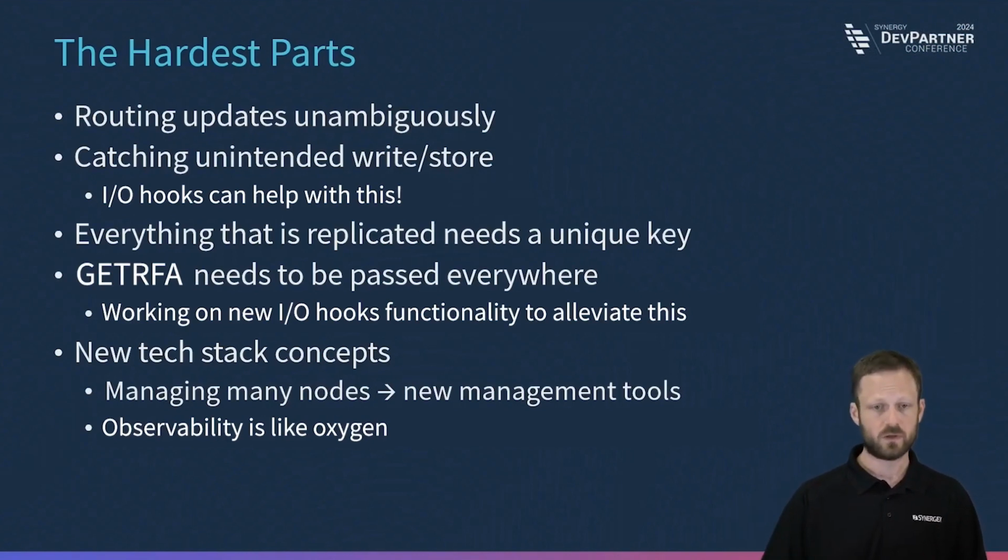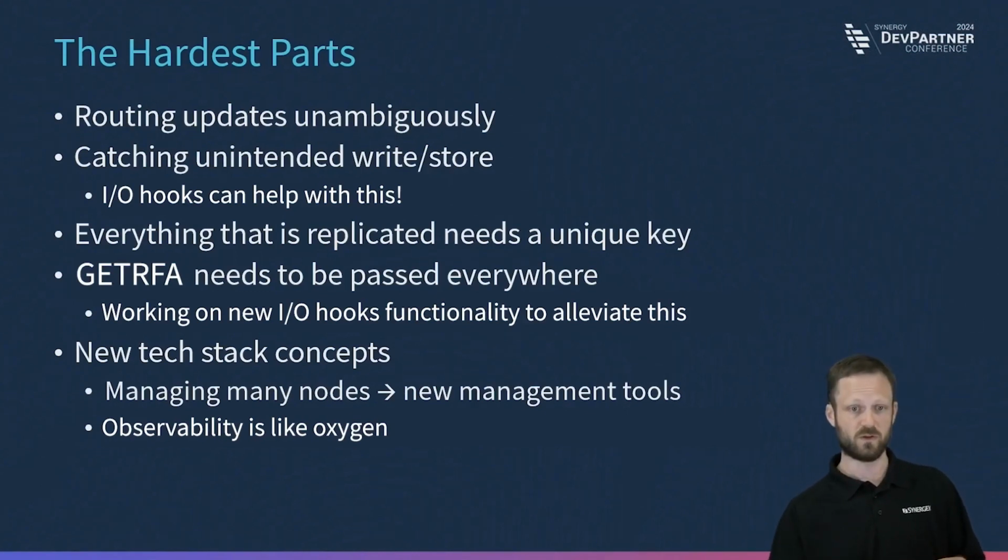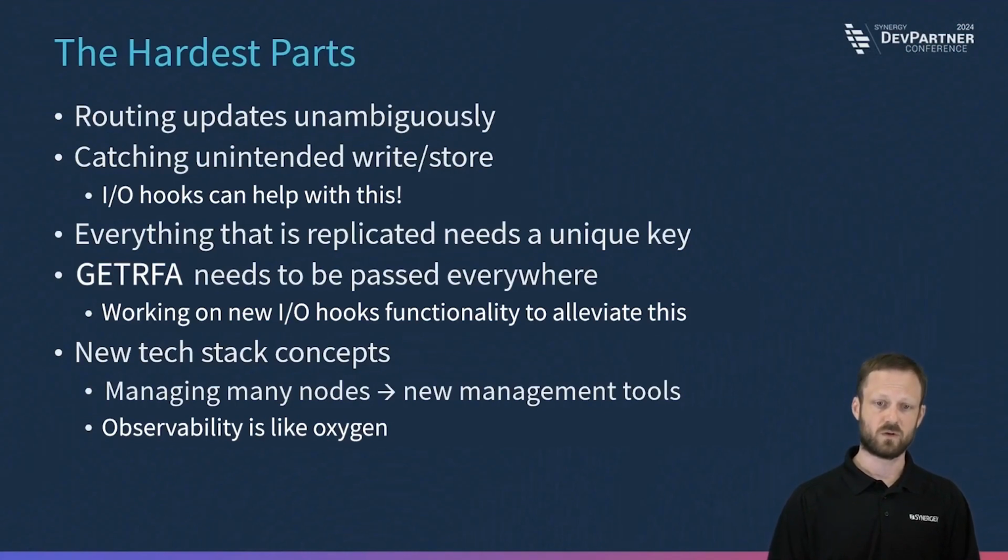And we're now talking about running on multiple nodes, possibly geo-distributed, possibly some of them on-prem, some of them in the cloud. How do you manage that? So we are talking about a lot of new management tools. Your observability, your logging tools, your deployment tools, they're all different.